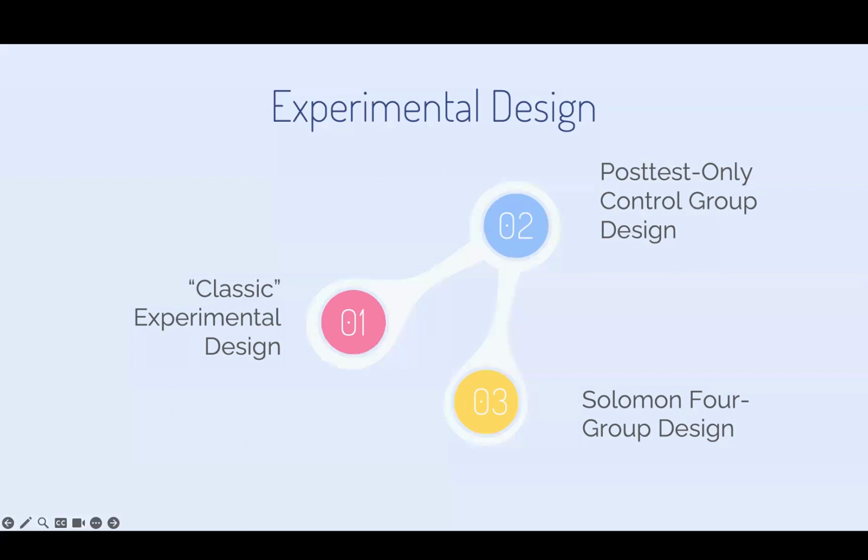It provides a comprehensive understanding of the intervention's effect and the potential influence of testing. Each of these designs in this slide plays a crucial role in the arsenal of research methods. They enable us to test the effectiveness of interventions and advance the field of social work through evidence-based practice.